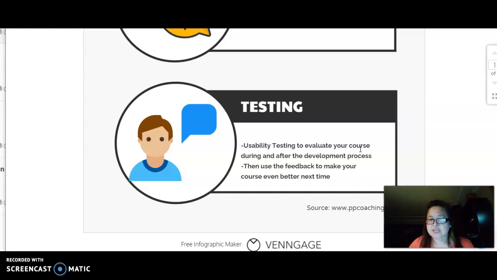The third thing, which I think is the most important, and the one that I got the most out of, is that after I did my modules, I got someone to do their usability testing and evaluate the course. Getting someone to evaluate your course during and after the development process, I think, is key.